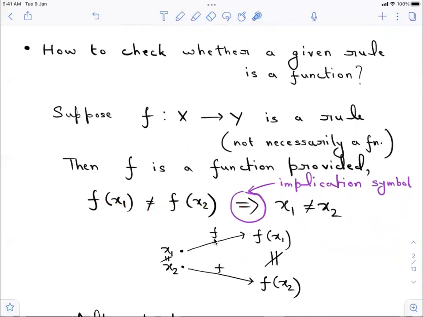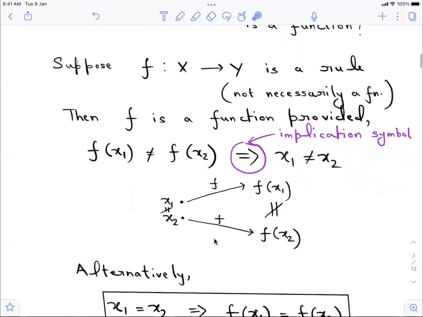Okay, let's analyze this. So we are saying, for f to be a function, if you have two distinct image points, you cannot have the same image. That's what it's saying. So this sign is used for implications, right?